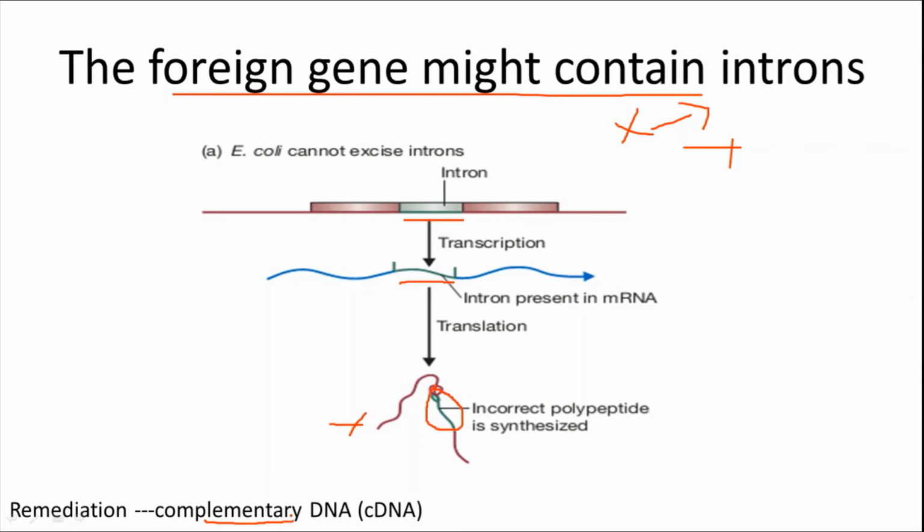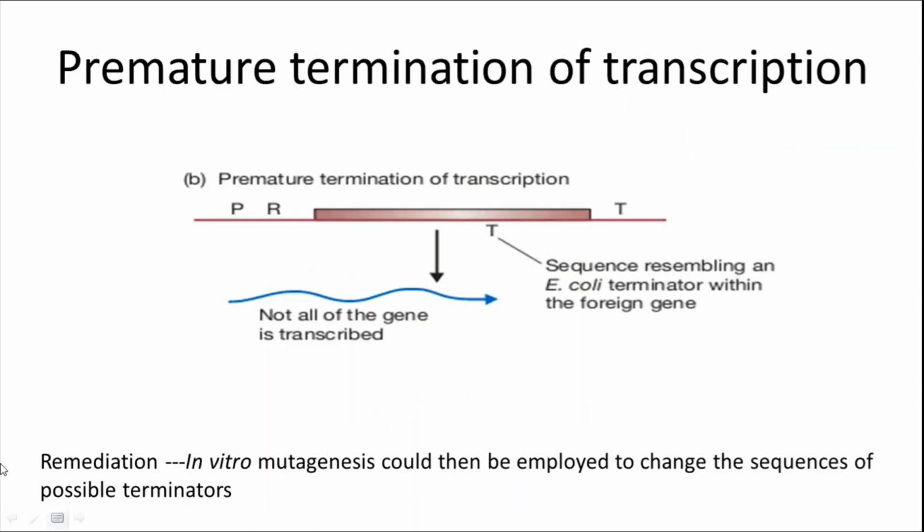Number 2, premature termination of transcription. Whatever you want to clone, you can maintain the regulatory sequences, start codon, stop codon, transcription termination sequence. They are the basic sequences of the cloning.